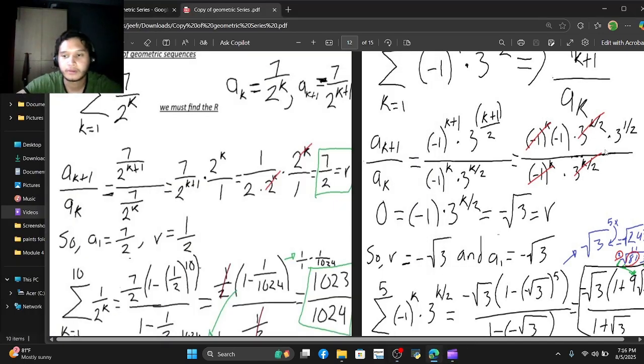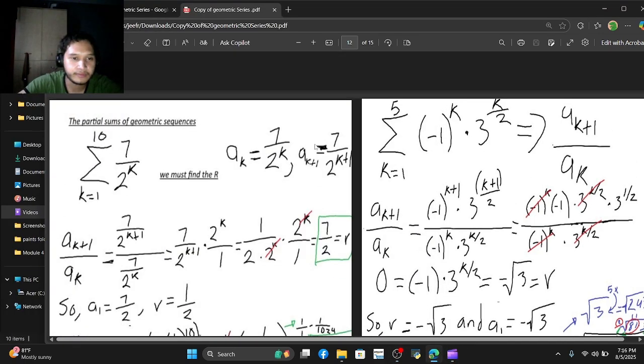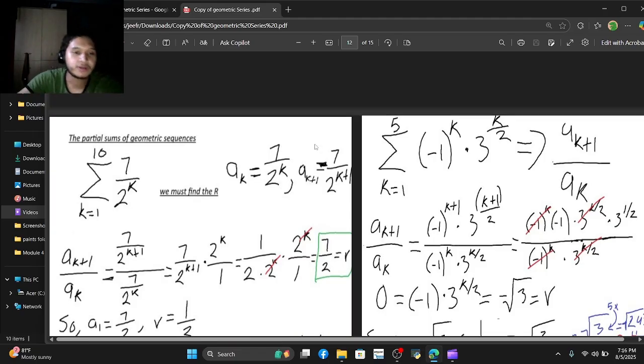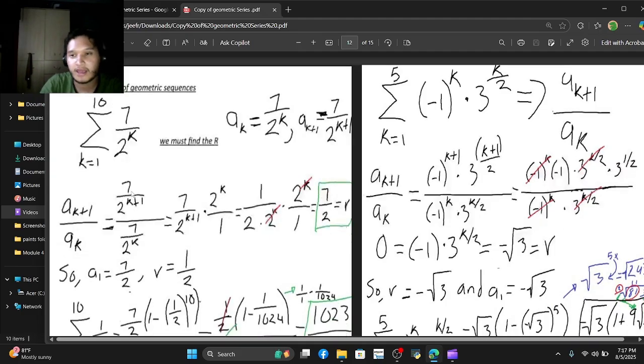Okay, let's do this example. The partial sum of a geometric sequence, the summation of the first term to the 10th term, in terms of 1 divided by 2^k.